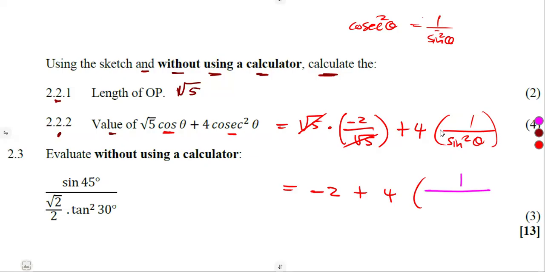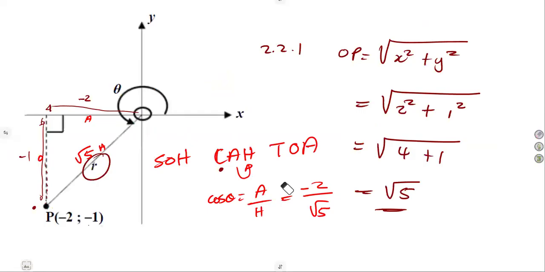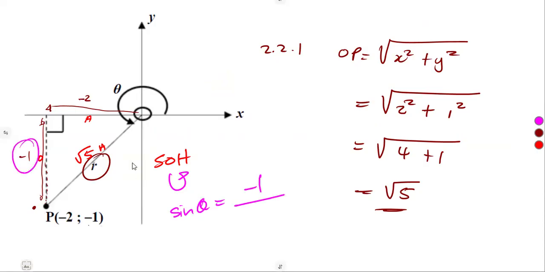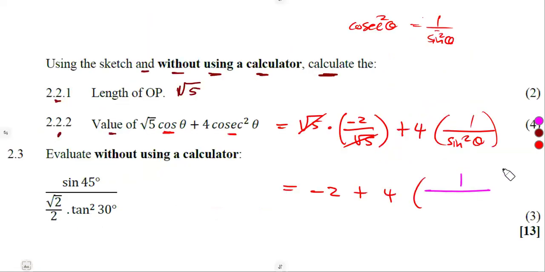Remember, guys, there's so many ways. Let me just finish the way that I have just started. What is the sine of theta? Opposite over hypotenuse. So the sine of theta is the opposite, -1 over the hypotenuse, square root of 5. So we are going to have the sine of theta squared, -1 over the square root of 5 squared.